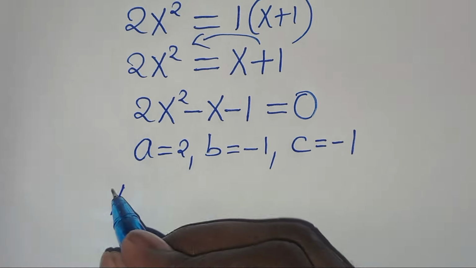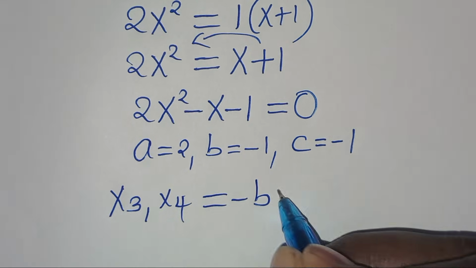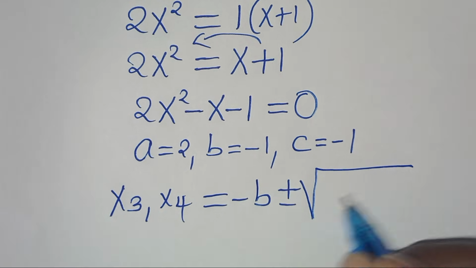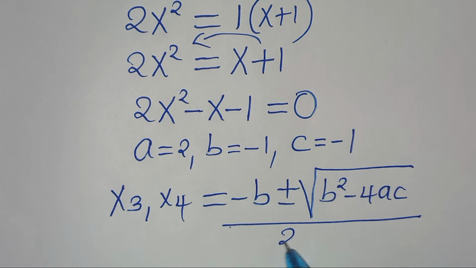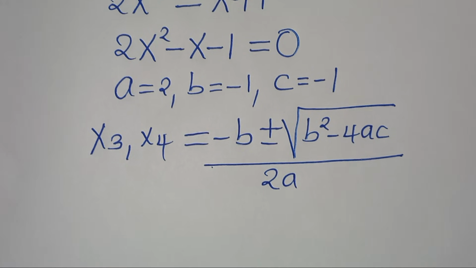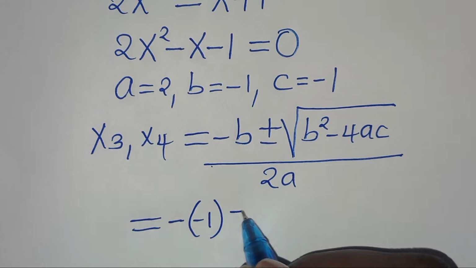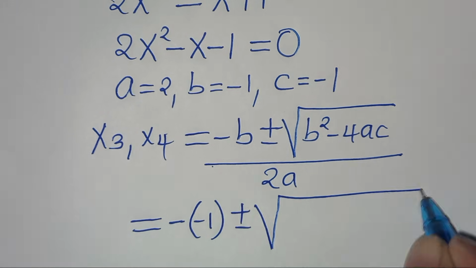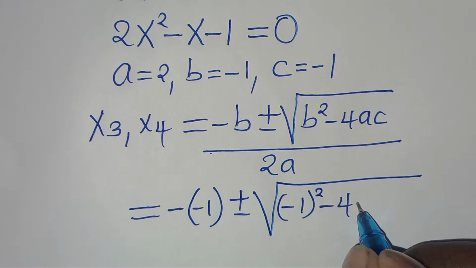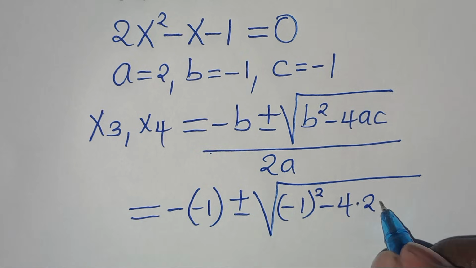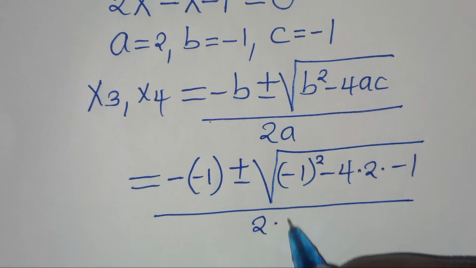So we can solve for x3, x4 by applying the quadratic formula, which is minus b plus or minus the square root of b squared minus 4ac, everything divided by 2 times a. So now here we have negative times negative 1 plus or minus the square root of minus 1 to the power of 2, then subtract 4 times a, which is 2, times c, which is negative 1, divided by 2 times 2.